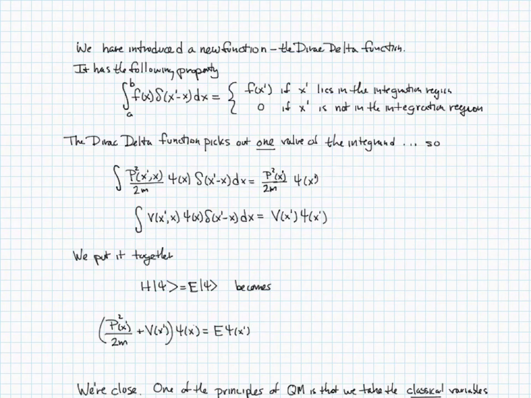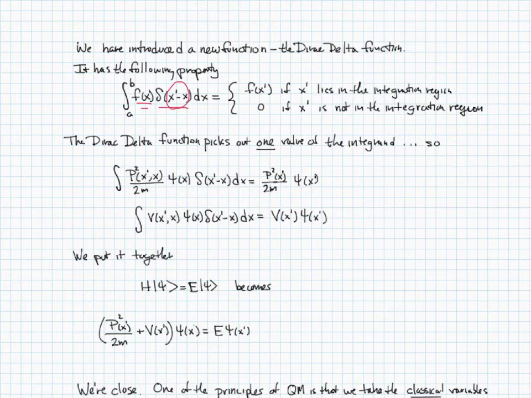Now what's the Dirac delta function? It's a curious function. It's sort of a spike. It's infinitely high and infinitely narrow. It picks out a particular value. So the main way that we will define the Dirac delta function is in an integral. If we integrate a function f of x over the interval a to b, f of x times the delta function x prime minus x, well, what this function does is it picks out the value of the integrand, f, at the point where these two things are equal.